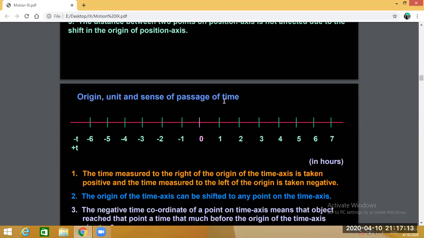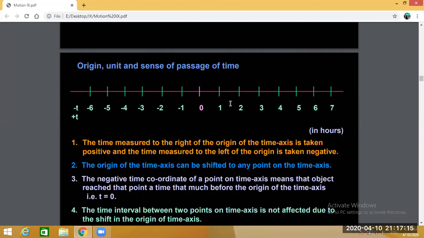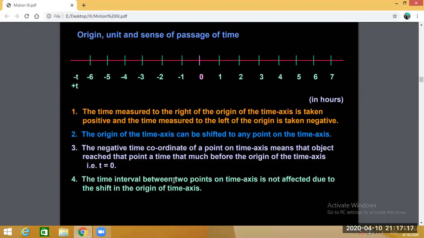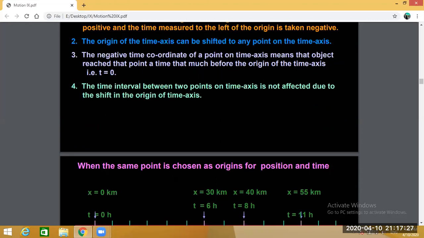Negative time indicates past time. So the time interval between 2 points on the time axis is not affected due to the shift in the origin of the time axis.